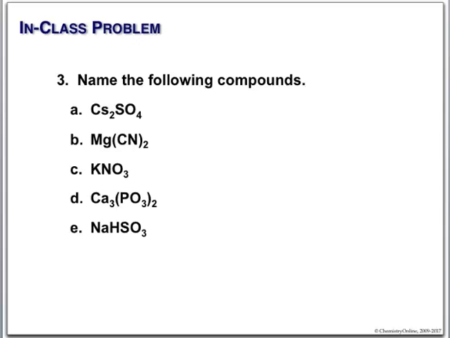This is cesium, Cs. What's SO4? Sulfate. Mg is magnesium. What is CN? That's our polyatomic ion. What is it? Everybody's favorite poison, cyanide.